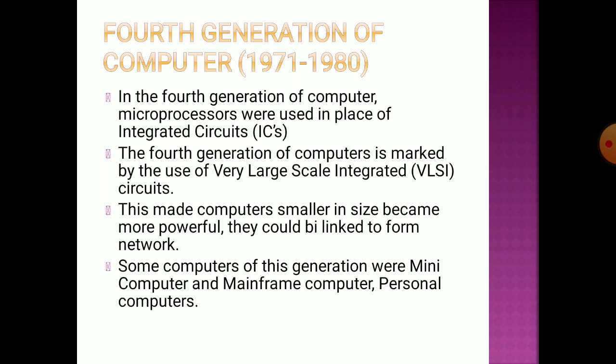On a single silicon chip, more than thousands of ICs are built. Just remember, in one single IC, more than 1000 transistors are kept, and here in your fourth generation, on one single silicon chip, more than 1000 ICs are kept. That capacity we call very large scale integrated circuits.